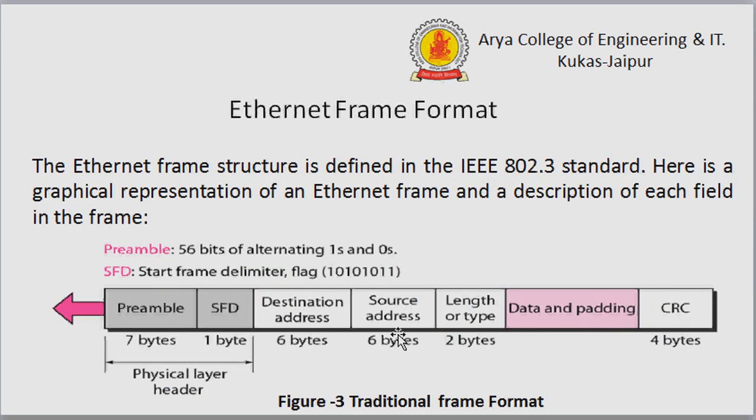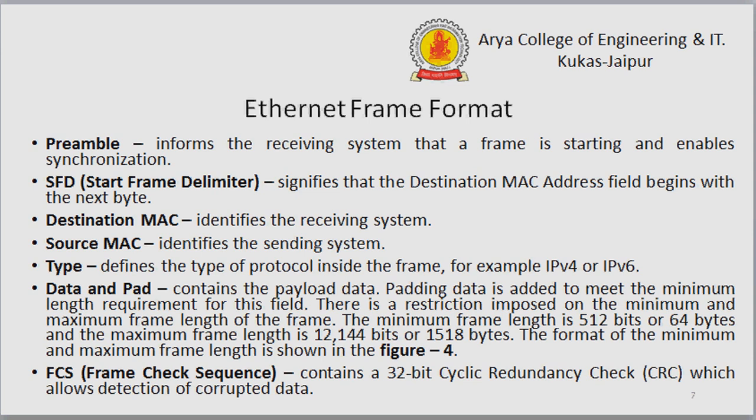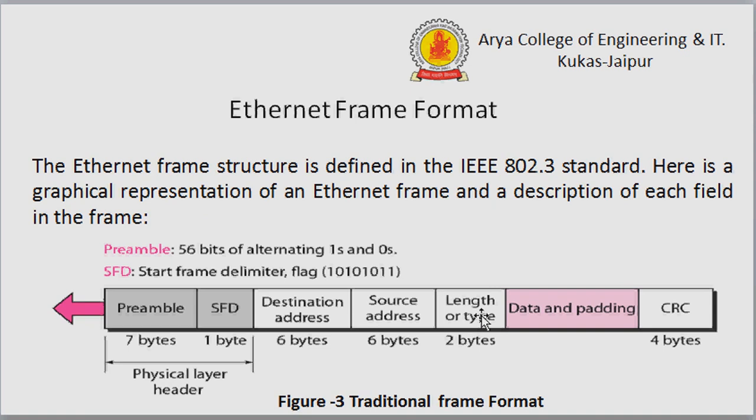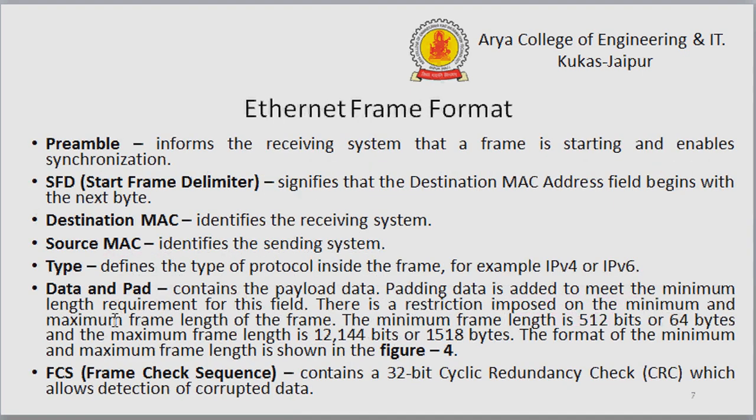Fourth field is source address, and it has 6 bytes length. It identifies the sending system. Fifth field is length or type. It has 2 bytes and it defines the type of protocol inside the frame, for example IPv4 and IPv6.